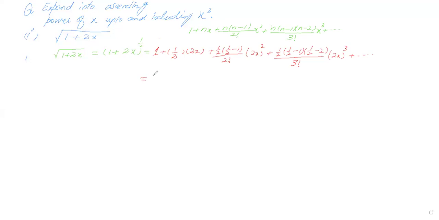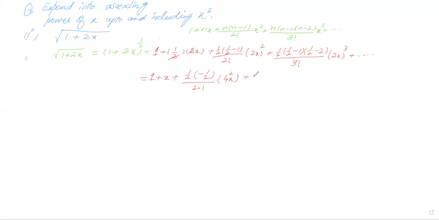That is equal to 1, which will remain as it is. This 2 and 2 cancel out. I will get only the term x. Then we have 1 by 2 times 1 by 2 minus 1, which becomes minus 1 by 2, divided by 2 into 1, and 4x square.